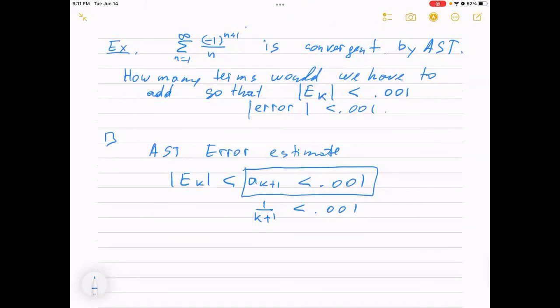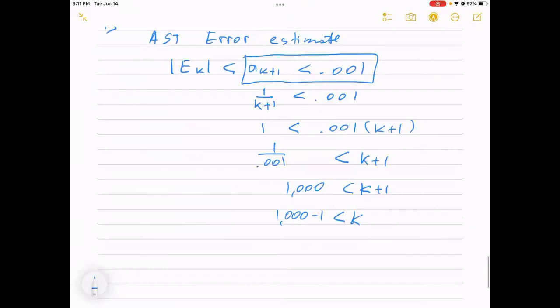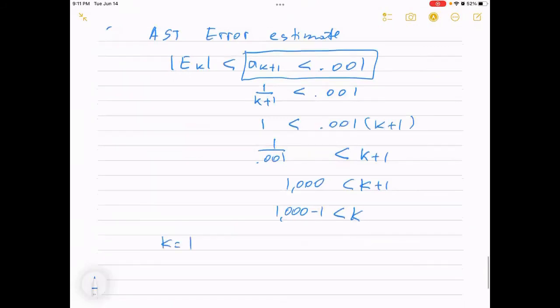Multiplying both sides by k plus 1, you're going to get 1 less than 0.001 times k plus 1. So k plus 1 is going to be bigger than 1 divided by 0.001, which is 1000. So k is supposed to be bigger than 1000 minus 1. So choose the first integer which satisfies this. So we need to add 1000 terms so that the error will be less than 0.001. So, a lot.